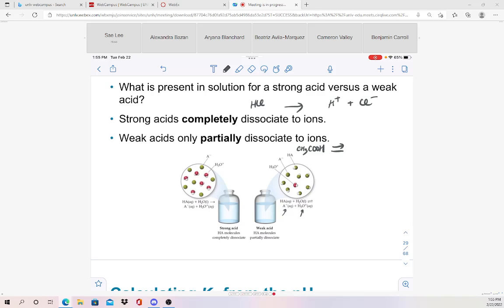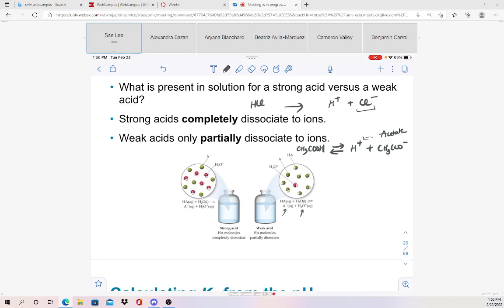Acetic acid in water is going to dissociate, but then this acetate is unstable. Or from another point of view, we can say that it's a slightly stronger base than the conjugate base of a strong acid.